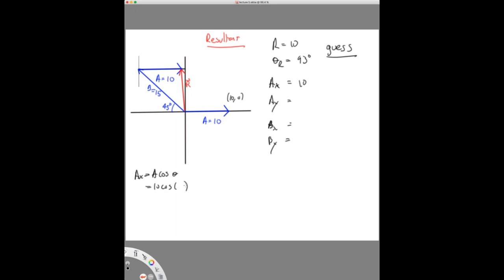Does anyone know what the angle for vector A is? It's a little tricky because it doesn't look like it has an angle. What if you could just guess and you win $10 if you're right, and if you're wrong, you win $5? What would you guess?